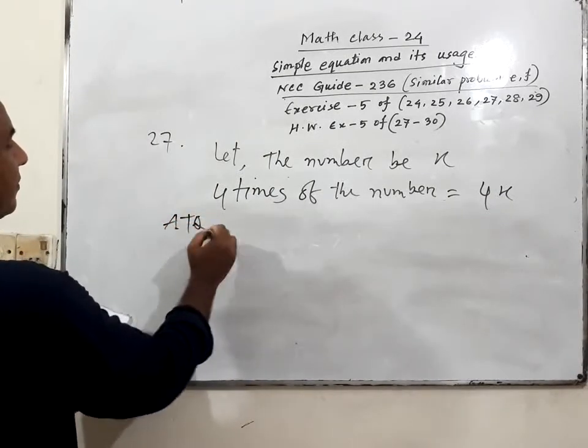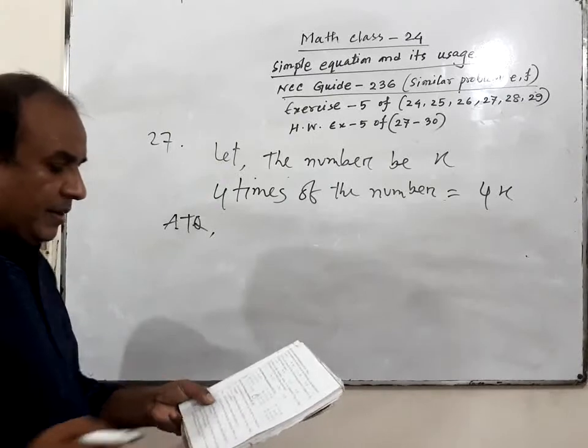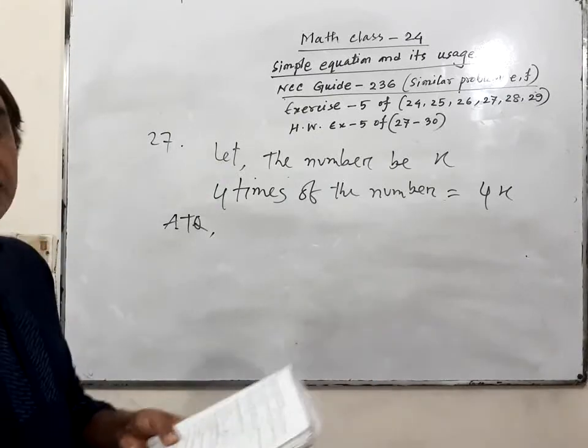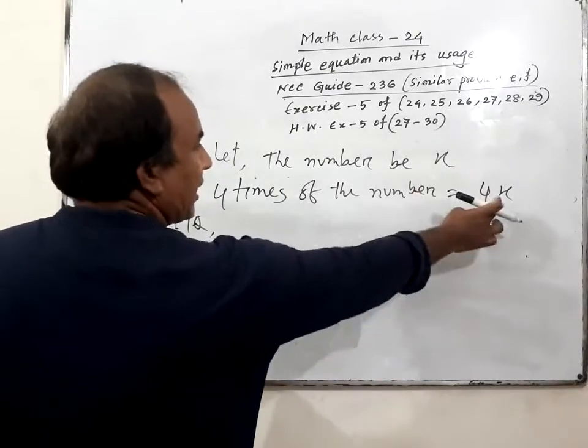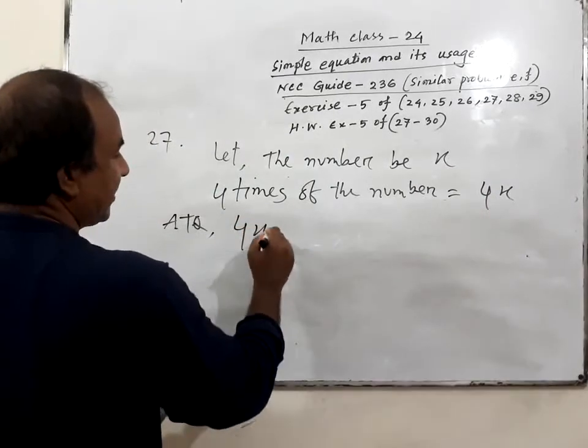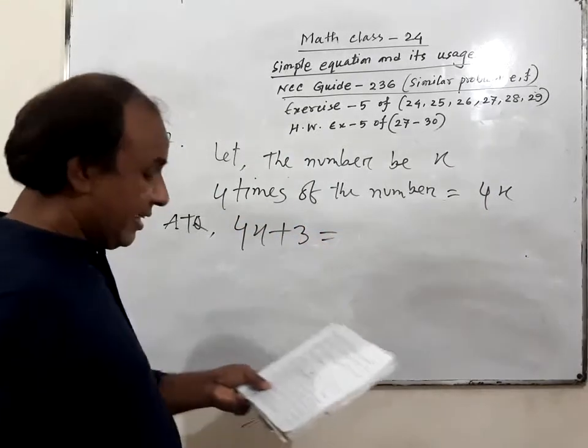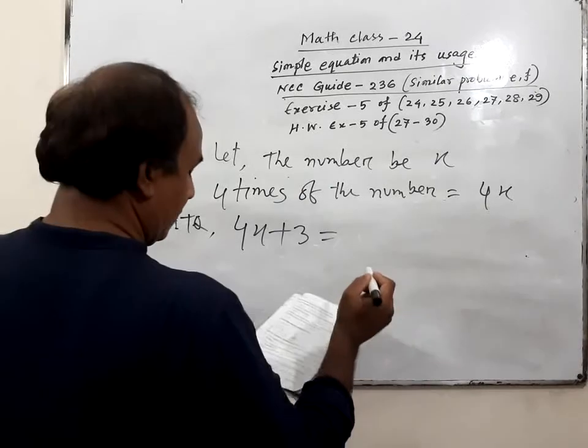ATQ, if 3 is added to 4 times of a number, so 4 times of the number is 4x, 3 we have to add, it is going to 23.